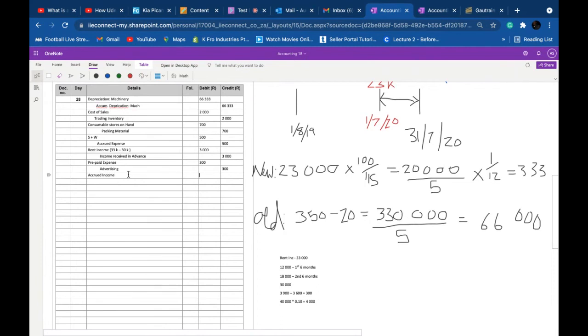Just to show you the calculation, 4,000 is what is due to us, but we've only received 2,000, so we have 2,000 that we ought to receive.